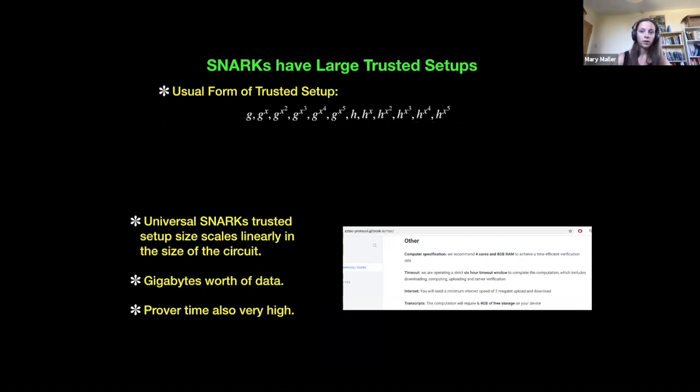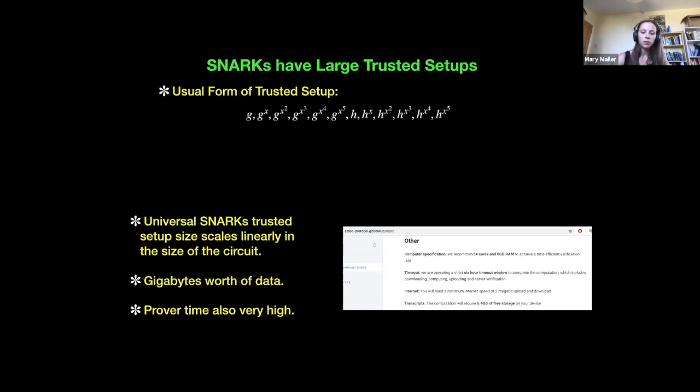The other nice thing that we get, and this is for the polynomial commitment scheme, typically if you have a snark that you're trying to make universal, you're going to end up with a pretty large trusted setup. So recently Aztec ran one for the KZG polynomial commitment scheme, and they had a very large problem that they were trying to prove.